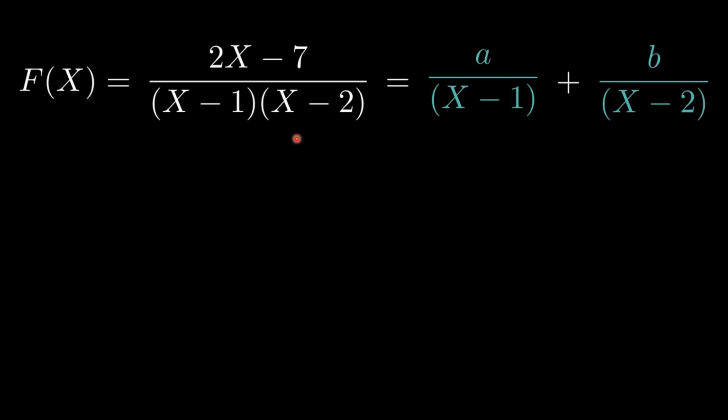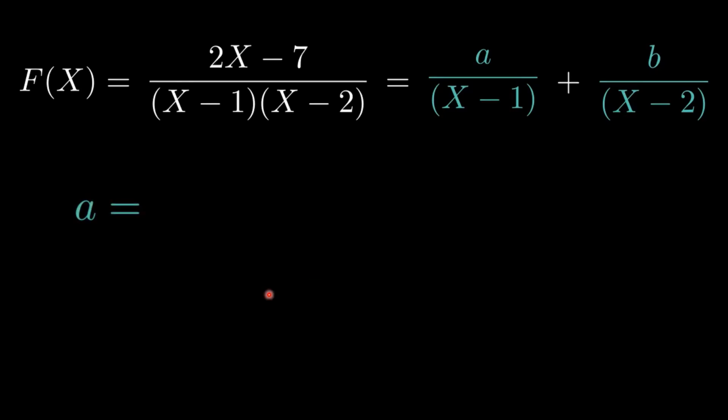The denominator degree is greater than the numerator degree. So the partial fraction decomposition of this fraction is the sum of a over x minus 1 and b over x minus 2. All the work is to find the constants a and b.